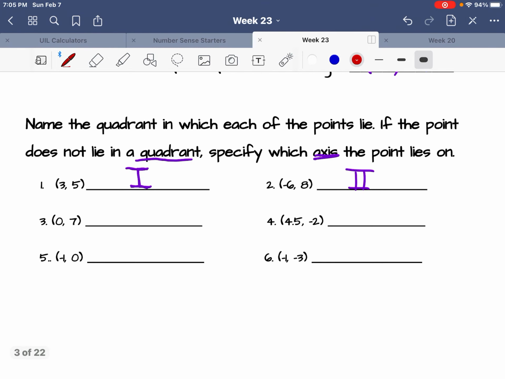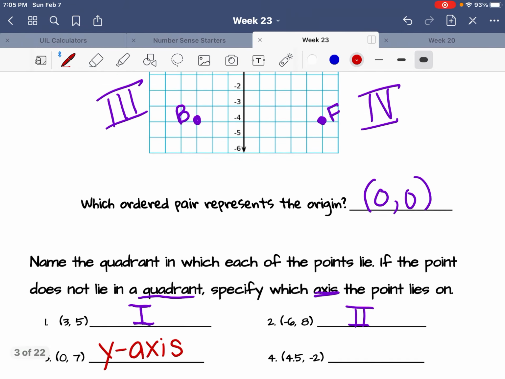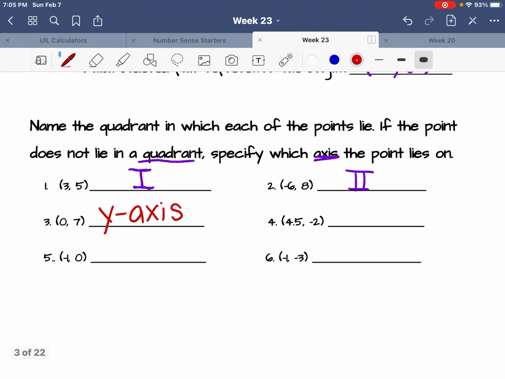That point would actually be located directly on the y-axis because you're not moving left or right away from the x-axis to plot that. And the point (4.5, -2) would be here somewhere in quadrant IV. So anytime you have a positive and a negative, it's going to be in quadrant IV.